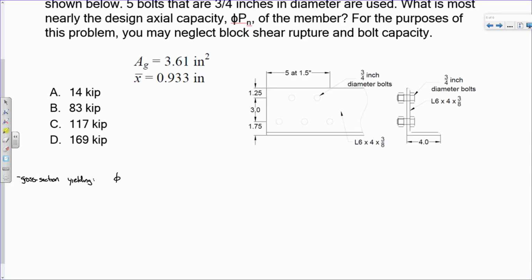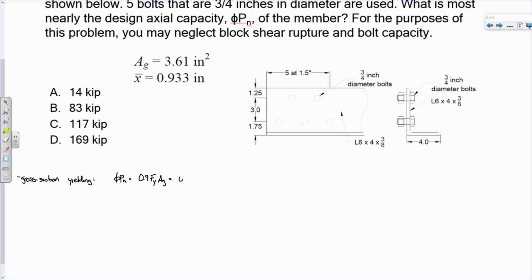So VPN is, what's phi for gross section yielding? Yep, 0.9, and then what else? 0.9, what's the capacity? FyAg. There we go.